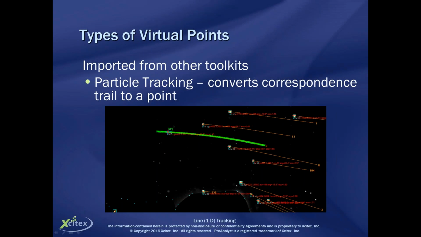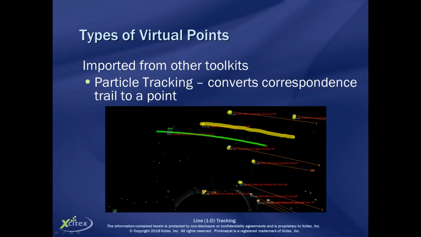So the other way that we can import points, like I said, is through particle tracking. And this is a still from one of our shots where we're tracking the motion of these particles through space. So they start at a location and they go to a destination. And we've picked up multiple points here.